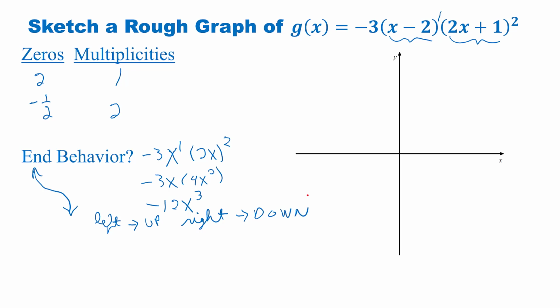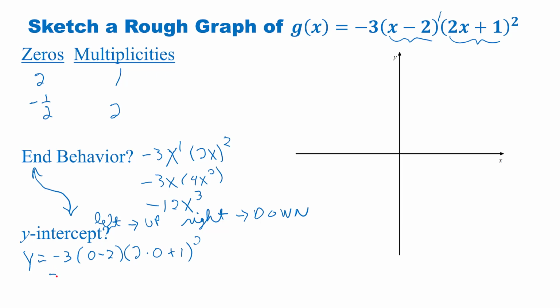Then let's see if we have a y-intercept here. For our y-intercept, we would set x equal to 0, so we would have y equals -3 times 0 minus 2 times 2 times 0 plus 1 squared.